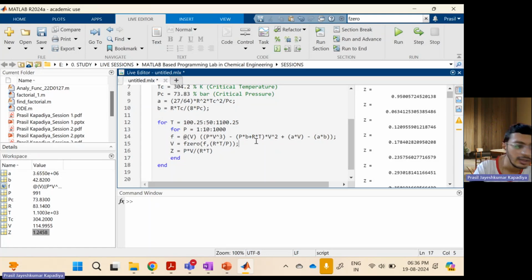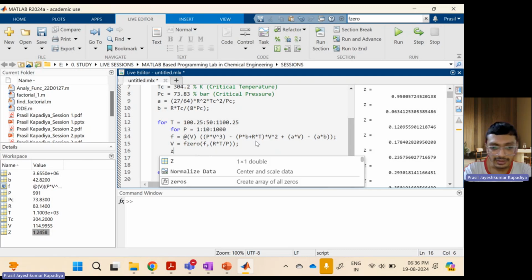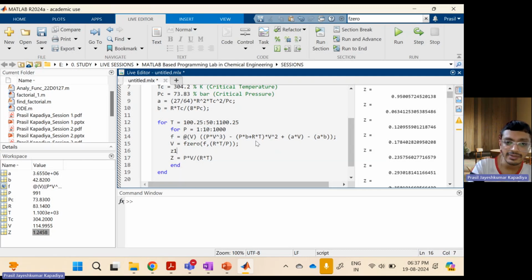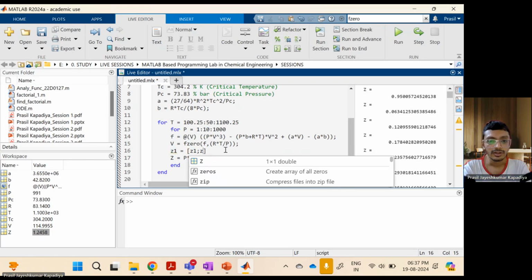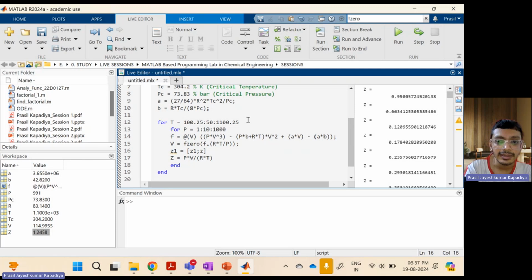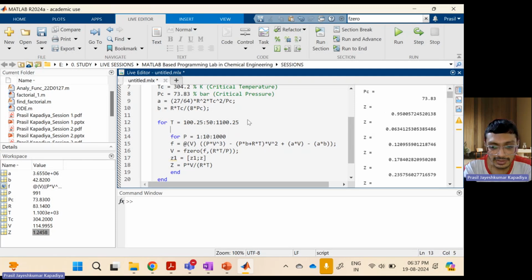I am creating one matrix, Z1, that is saving the values of Z. Z1 is nothing but Z1 colon Z. Initially I need to keep Z1 equal to a null matrix. So for one temperature, my Z1 is initially a null matrix.